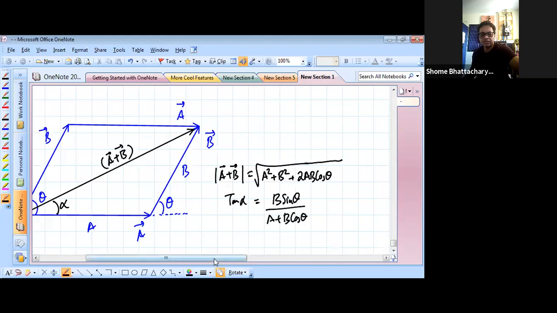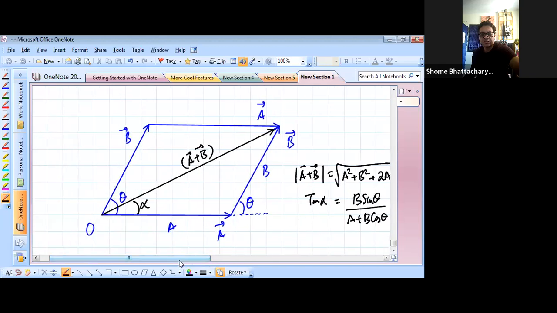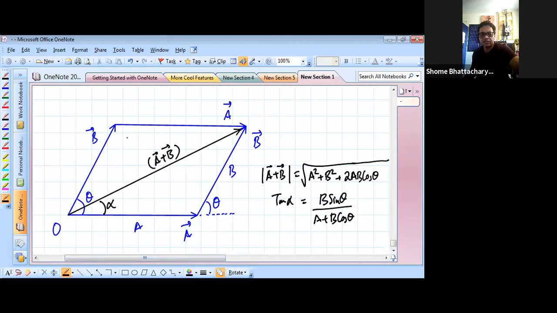Likewise we'll see that the other diagonal of the parallelogram, which will be this one, will actually represent the difference.